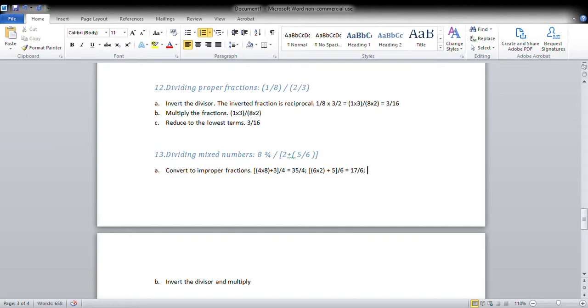So then our problem becomes 35 over 4 divided by 17 over 6. So now we invert the divisor and we multiply.